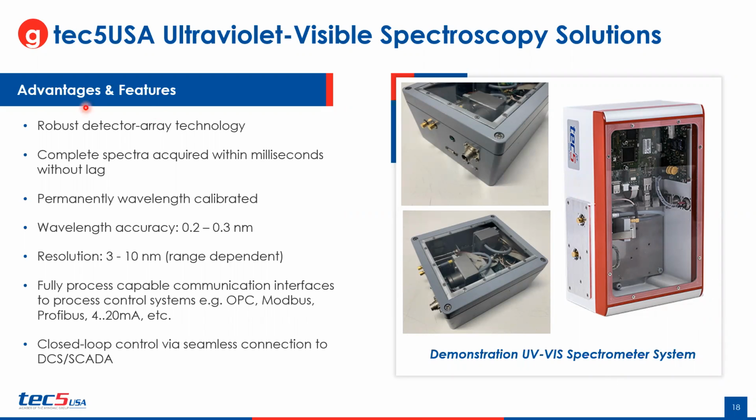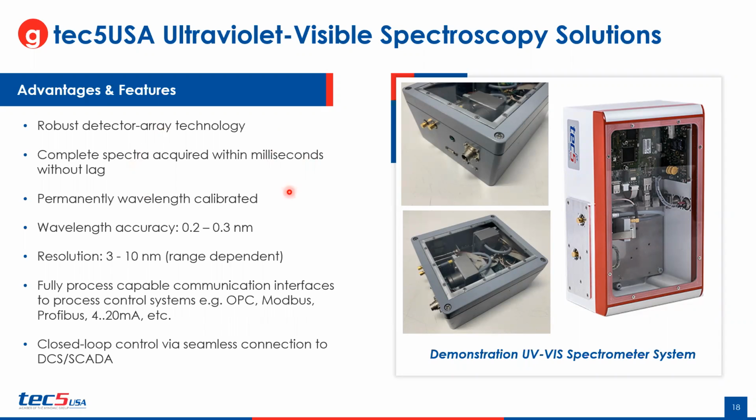It utilizes robust detector array technology, which introduces essentially no moving parts to the process, where everything is fixed. This allows for ideal stability for the measurement, and ultimately complete spectra can be acquired on the order of milliseconds without introducing any lag.